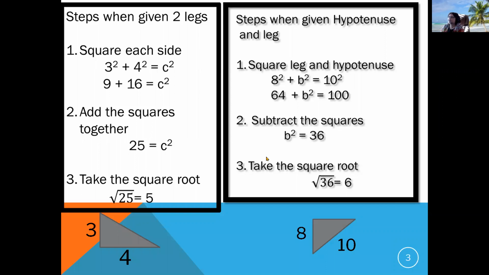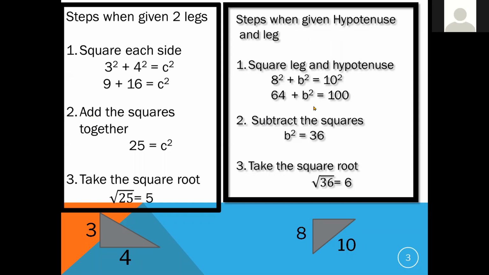So you do these steps. I'd like you to write down these steps real quick, and we'll do some practice problems, but you need to have these 3 steps for each. So you have steps when given 2 legs to solve for the hypotenuse. And then you have steps when given a hypotenuse and leg. They're a little different. It's at number 2 where they change.